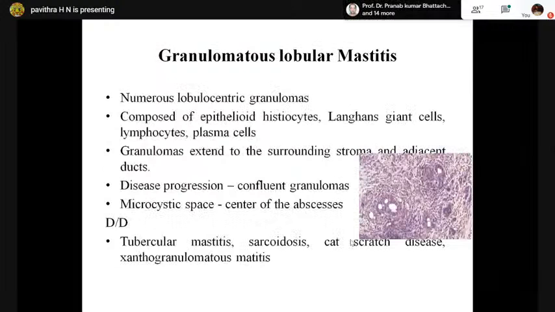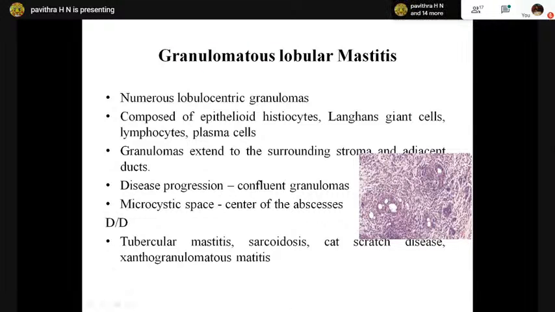On microscopy you see numerous lobulocentric granulomas composed of epithelioid histiocytes. There can be Langhans cells or foreign body giant cells, lymphocytes, plasma cells. These granulomas tend to extend to the surrounding stroma, the other ducts and so on. It may not involve one single TDLU. As the disease progresses, there will be confluent granulomas, and the center of the abscess may have microcystic spaces.